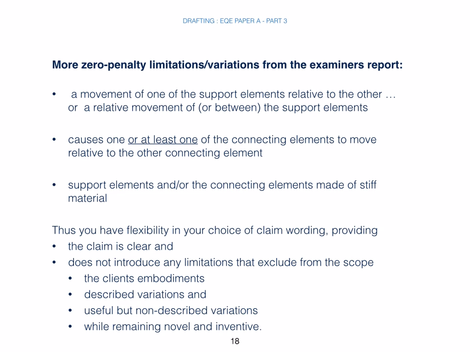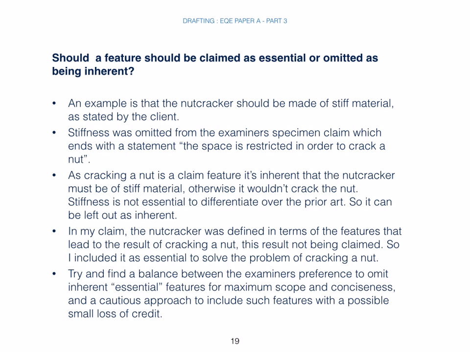Next, we will consider whether or not to claim inherent features, whether an inherent feature should be claimed as essential or omitted as being inherent. It's sometimes difficult to know. An example is that the Nutcracker should be made of a stiff material as stated by the client.